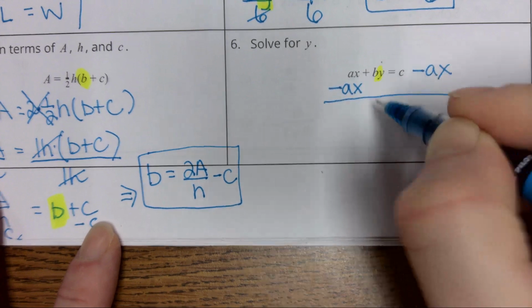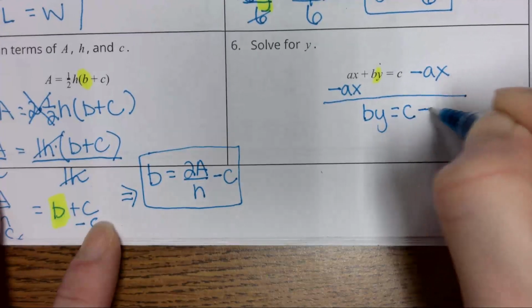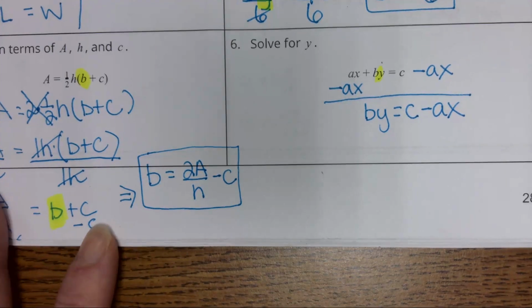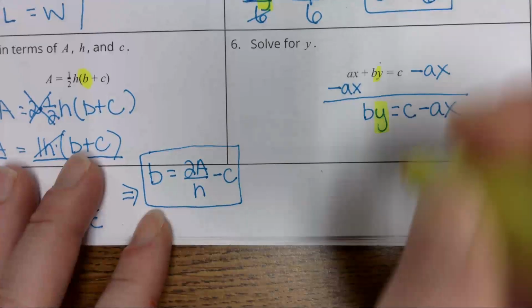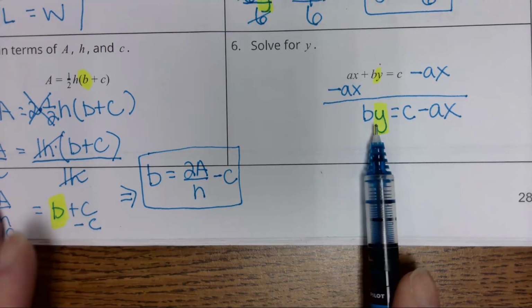I now have b times y equals c minus ax over here. And this is b times y. That's what that means. How would I undo this b? Divide.